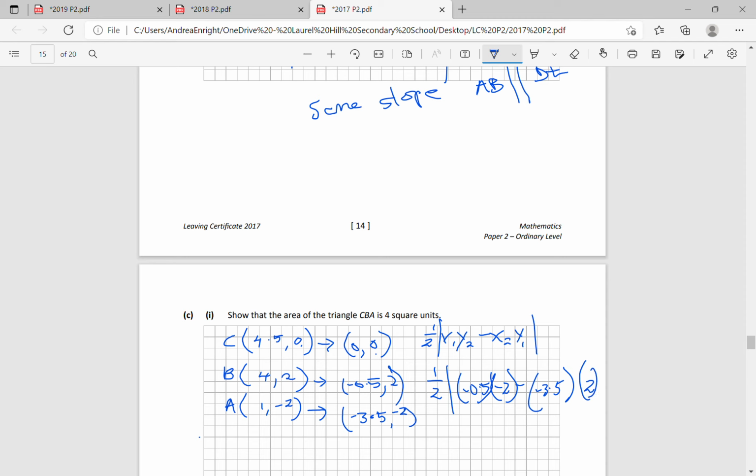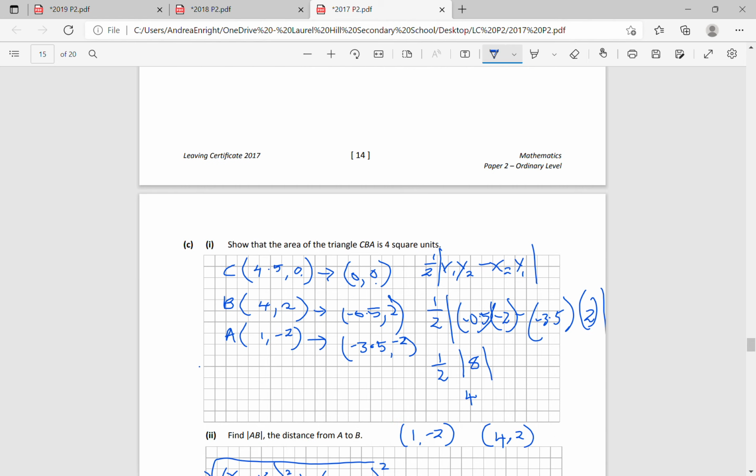Yeah, that's fine. Okay, sorting that out, that would be a half into the calculator, that would be 1 plus 7, which would be half of 8, which would be 4.